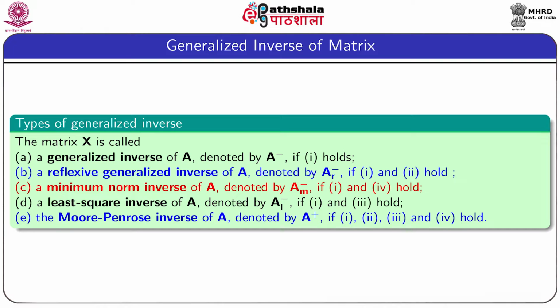The matrix X is called a minimum norm inverse of A, denoted by A m minus, if conditions 1 and 4 hold, and a least square inverse of A, denoted by A l minus, if conditions 1 and 3 hold. If conditions 1, 2, 3 and 4 all hold, then X is called the Moore Penrose inverse of A, denoted by A plus.